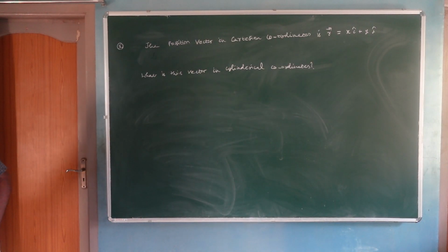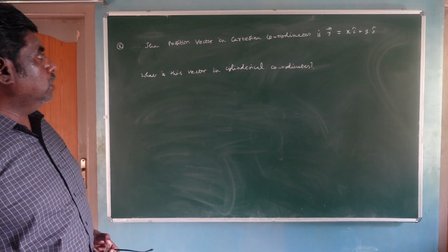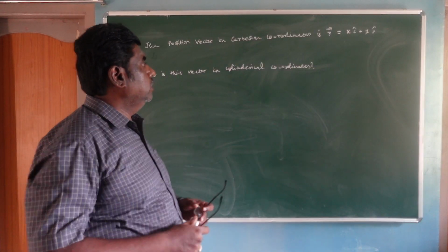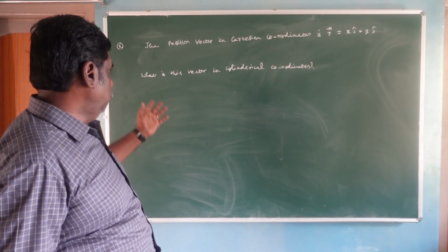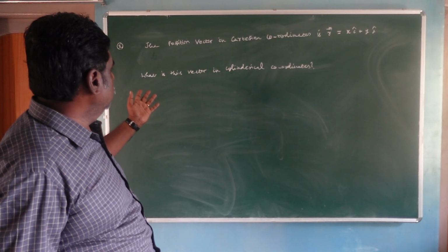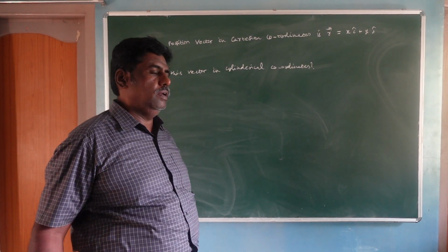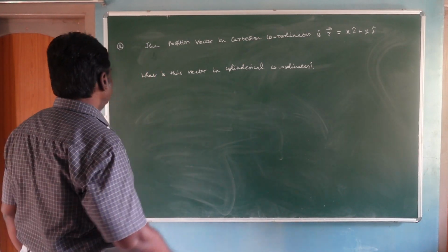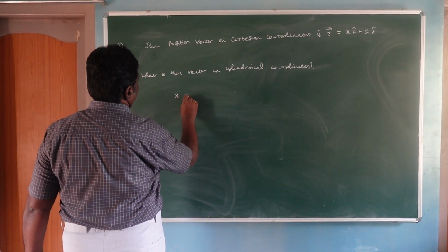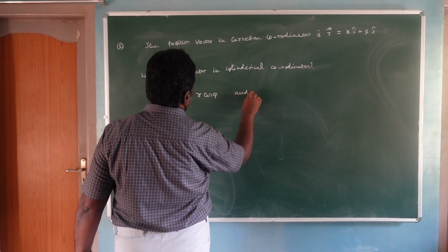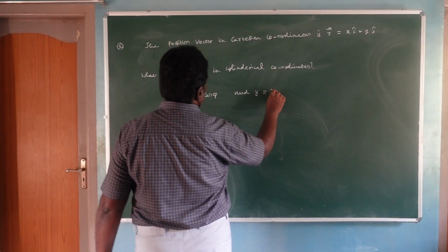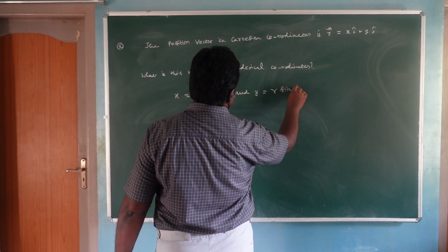Here, the position vector in Cartesian coordinates is given. It is r equal to xi plus yj. Now we have to find out the position vector in terms of cylindrical coordinates. In cylindrical coordinates, x equal to r cos phi and y equal to r sin phi.